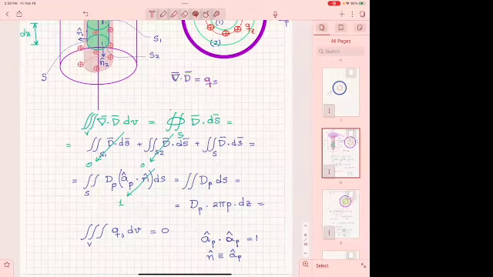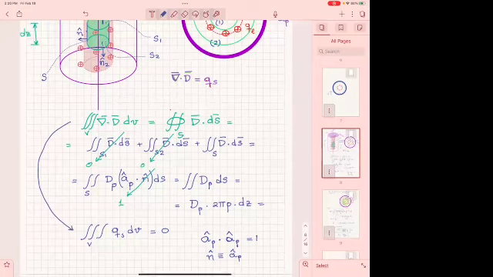Okay? And that is equal, according to Gauss's law, to this volume integral here, which I have not touched yet. It would practically lead to the volume integral of whatever charge is enclosed by this volume.